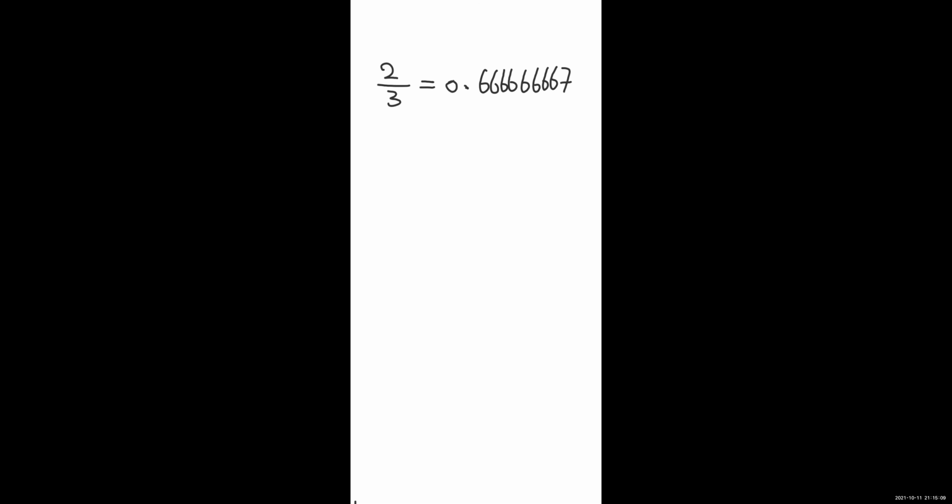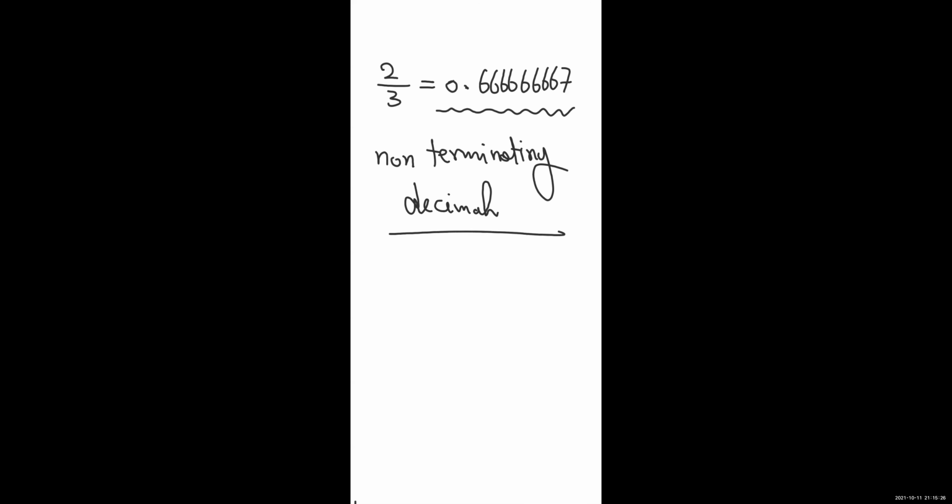So in this case, how to write this number? Instead of writing this number in this form, this one is a non-terminating decimal. The first numbers are terminating decimals, so there is a specific number of digits after the decimal point. But here, this one is continuous.